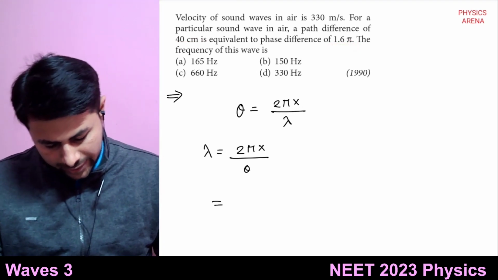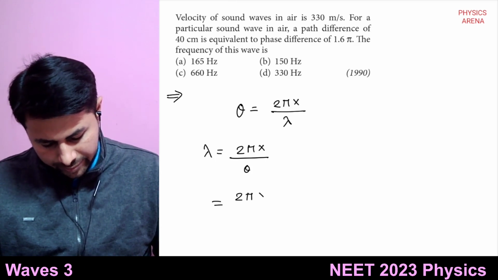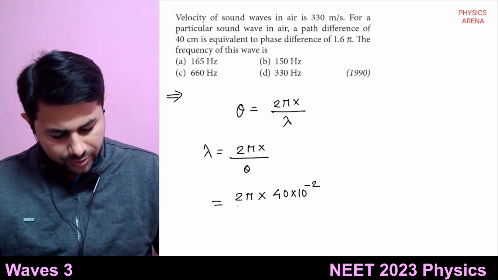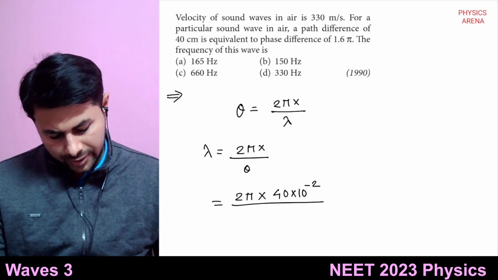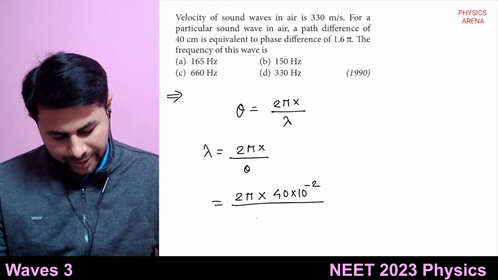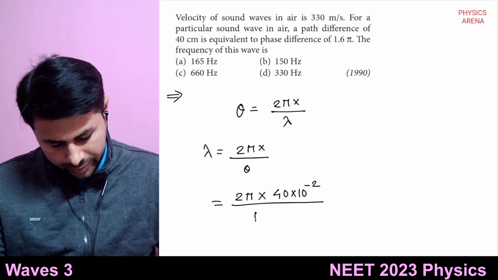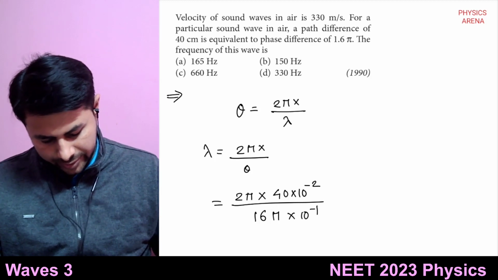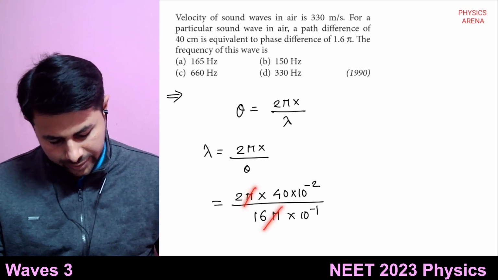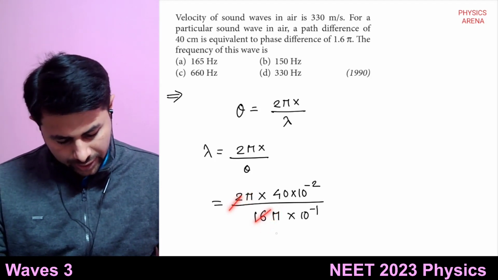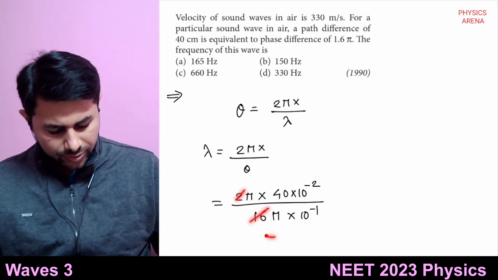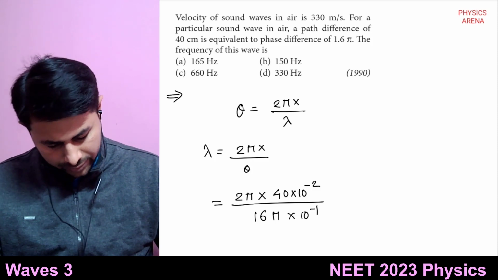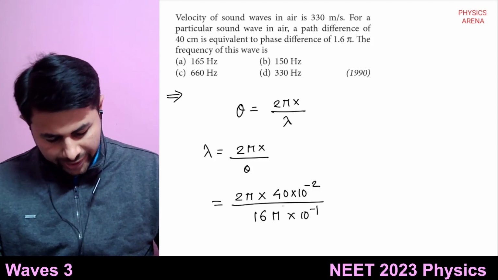Let's substitute that. It is 2 pi multiplied by x, which is 40 centimeters, so 40 multiplied by 10 raised to minus 2 meters, divided by the phase difference, 1.6 pi. Or let's write 16 pi multiplied by 10 raised to minus 1. Pi and pi get cancelled. If you divide by this 2, it's 8, and 40 by 8 is 5.